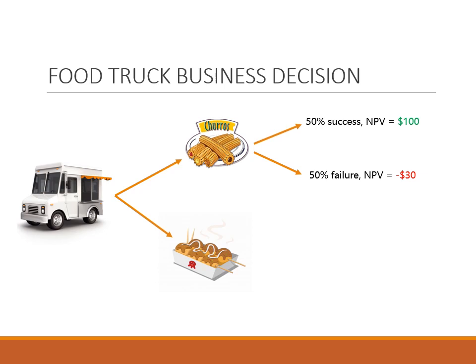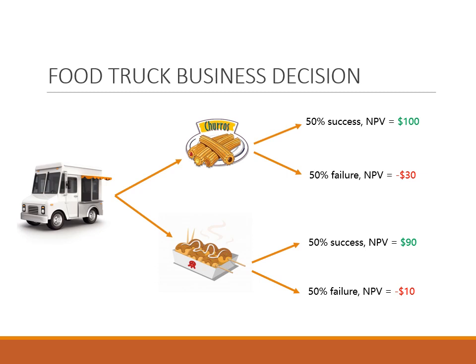For takoyaki, you also have a 50% chance of success and you will earn 90 bucks. However, if you fail and the failure rate is 50%, therefore you will lose your cost, which is $10. So your NPV is negative 10. Now to calculate the expected monetary value of the business, you multiply the chances with the NPV value.